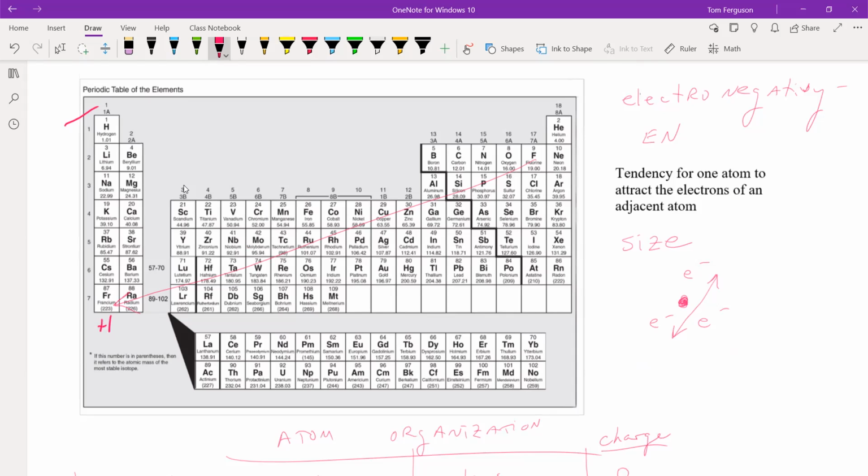Okay, the alkali metals like to form a +1 cation. All of them. And as the semester goes on, you'll see we start breaking down how the electrons are organized in these elements. You'll see why they like to form a +1 cation. The alkaline earth metals like to form +2.